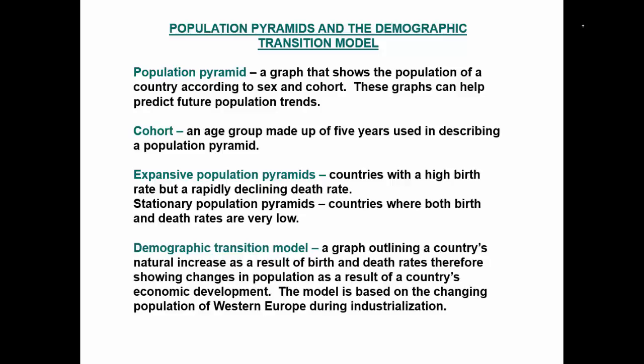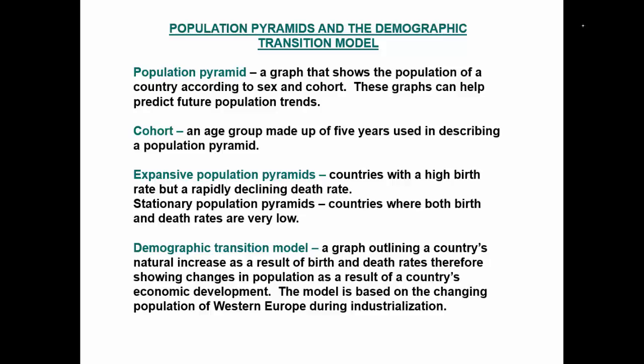Demographic transition model: a graph outlining a country's natural increase as a result of birth and death rates, therefore showing changes in population as a result of a country's economic development. The model is based on the changing population of Western Europe during industrialization.